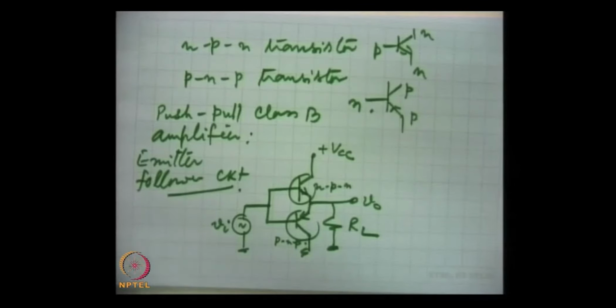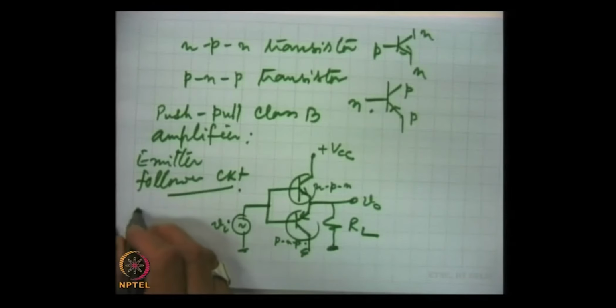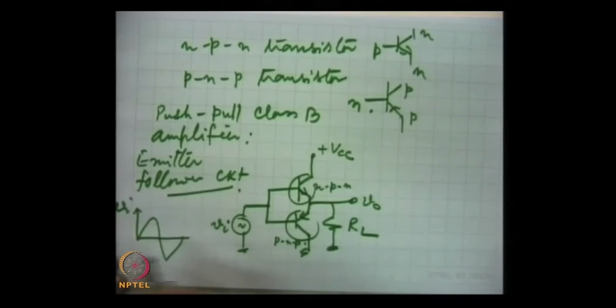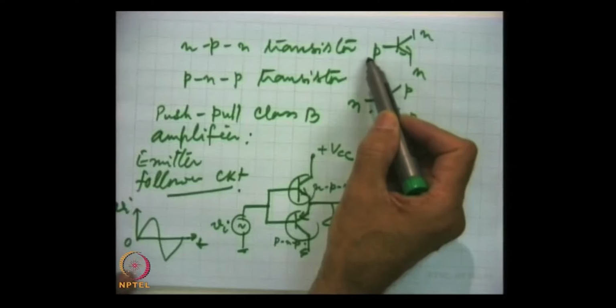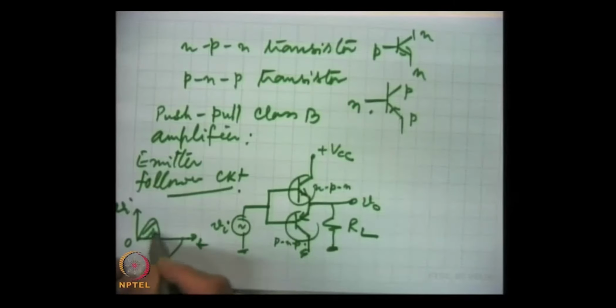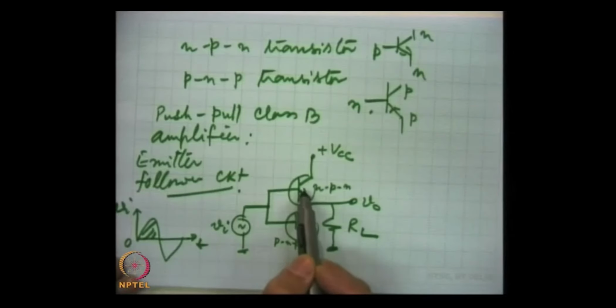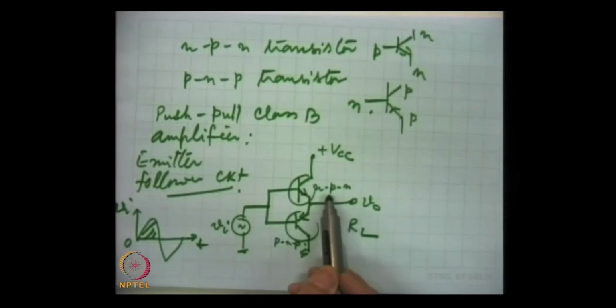Now, you will understand what I said. NPN transistor, now input signal is this. This is Vi and this is 0 volt and this is time. NPN needs positive voltage at the base for forward bias. So, this portion will forward bias the NPN junction, at the same time reverse bias the emitter of the PNP transistor.